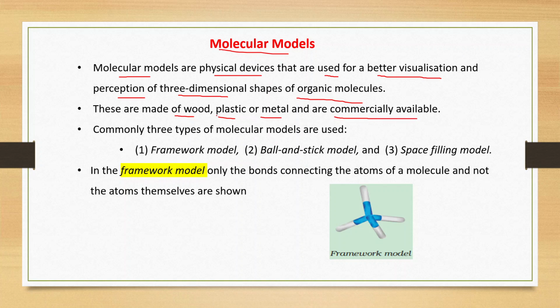Commonly, three types of molecular models are used: framework model, ball and stick model, and space filling model. Clear? In the framework model, only the bonds connecting the atoms of a molecule, and not the atoms themselves, are shown. Like see, only bonds are shown in the framework model. Atoms are not shown.